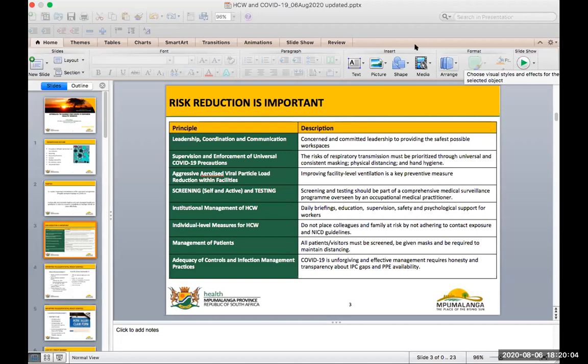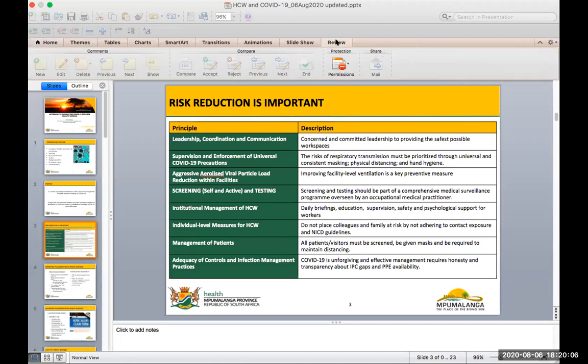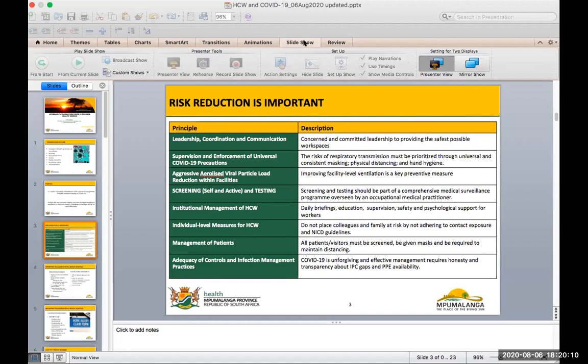There's review, slideshow, next to review. Then you don't have the option for slideshow. There is at the bottom here. Click on mirror show. Okay, no, it's okay. I think continue as is. It's one of those days. Thanks to Bola. All right, thank you.